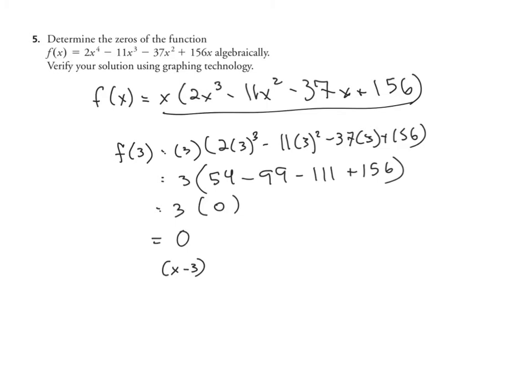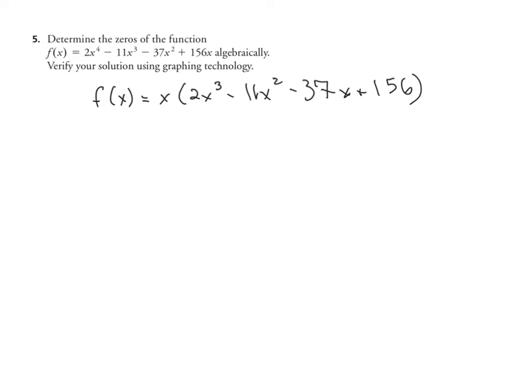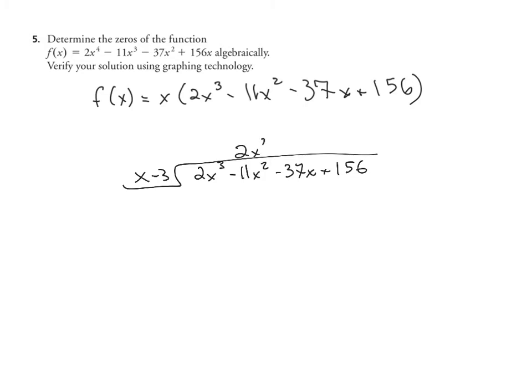Let's get rid of this. So you got, let's do 2x cubed minus 11x squared minus 37x plus 156. Get rid of the x minus 3 and see what you have left. So this is going to be 2x squared. That gives me 2x cubed minus 6x squared. This is negative 5x squared, so minus 5x, 5x squared plus 15x.